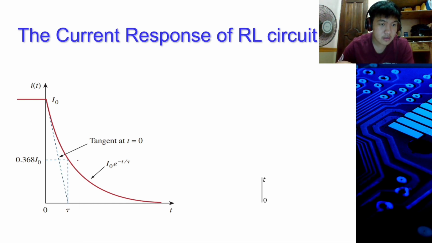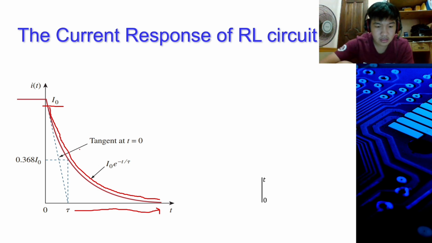Okay, if we graph this, say for example, our initial current, and if the time is approaching infinity, the decay graph will be like this, approaching 0. And if the time constant tau, its equivalent is 0.368 of the current.